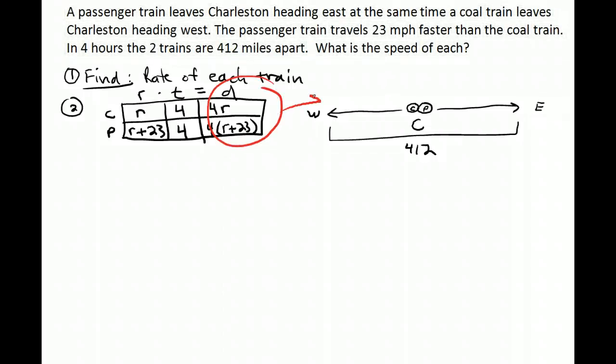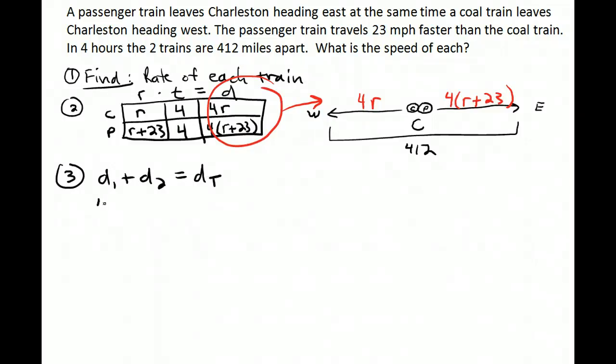Alright, as we've done before, those amounts have to go over here. So the coal train has a distance of 4R, and the passenger train has a distance of 4 times the quantity, R plus 23. You can tell by the picture that my equation is going to be D1 plus D2 equals distance total.